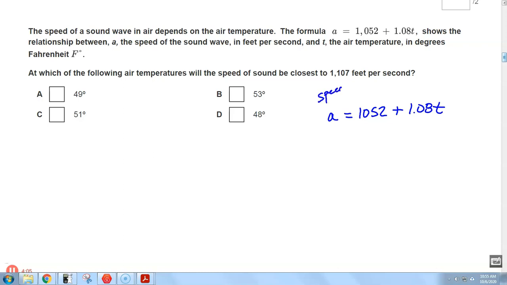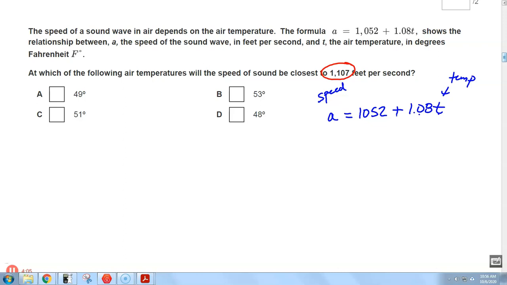So A is our speed, T is our temperature. Since this is increasing, every time the temperature goes up by 1, our speed increases by 1.08 feet per second. But the final question says, at which of the following temperatures will the speed of sound be closest to 1107? So when's it going to reach 1107?